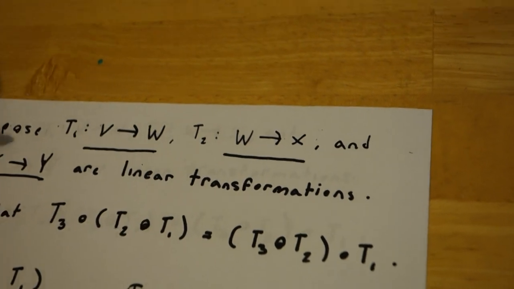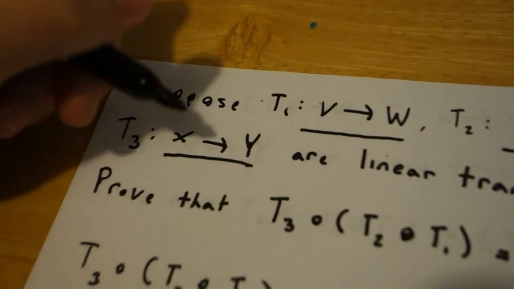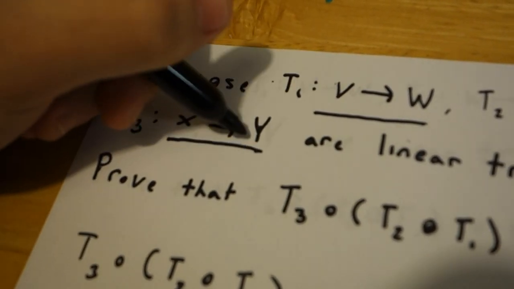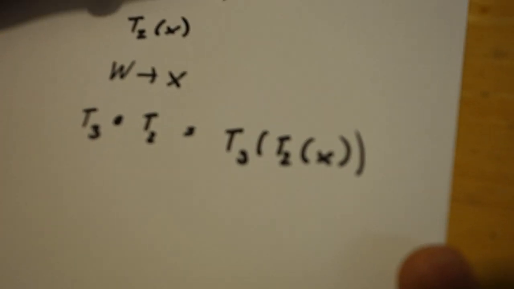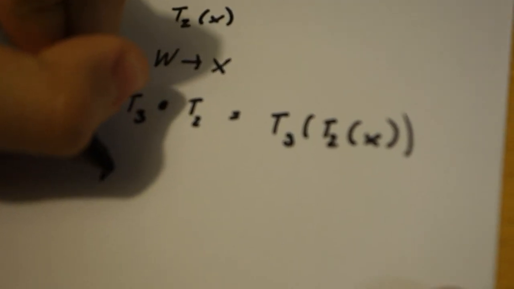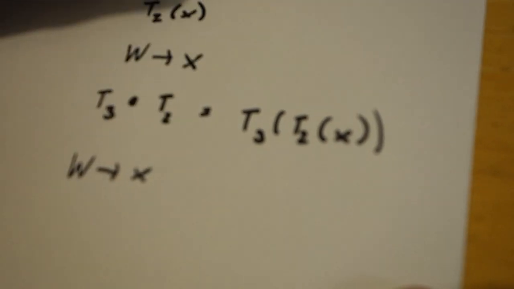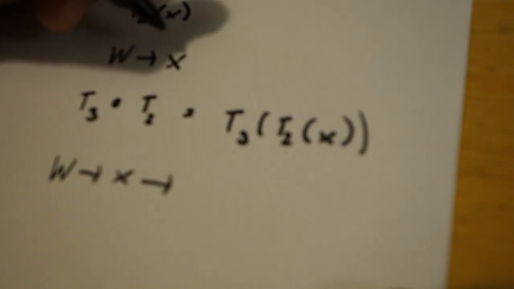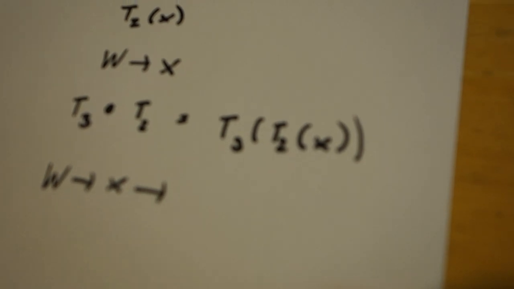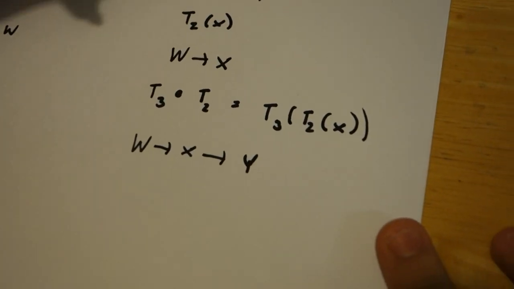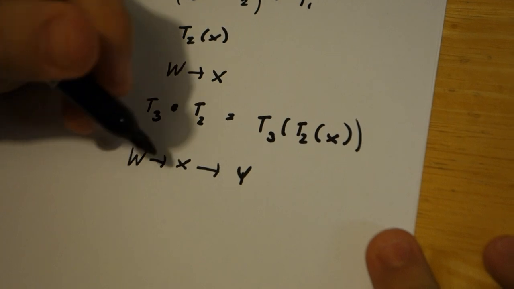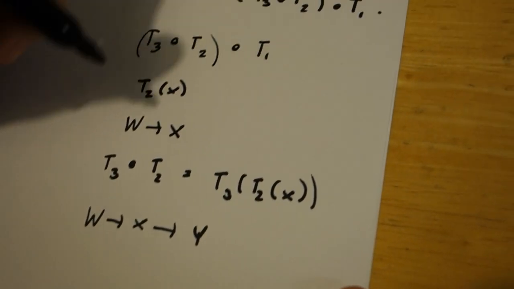Up here, T3 maps a vector in set X to a vector in set Y. And as you can see, this works very well because T2 maps a vector in set W to set X. Using the mapping from over here, this is our initial, and then X is going to be mapped into a vector in set Y. It's still not looking too equivalent, it looks pretty different. Now we're going to apply the last step.